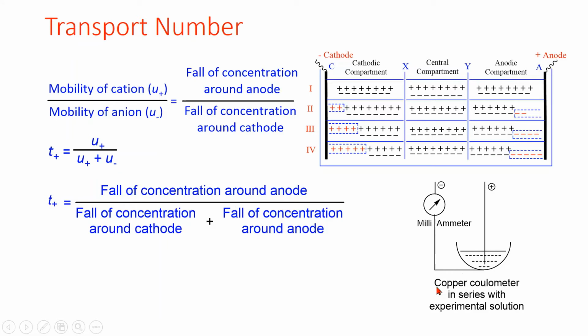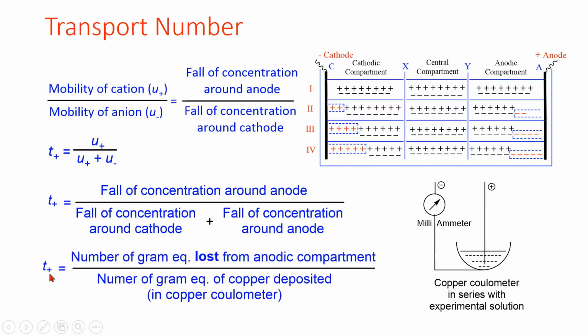If we attach a copper coulometer in series with the electrolytic vessel, then the transport number of the cation can be determined from the number of gram equivalents lost from the anodic compartment divided by the number of gram equivalents of copper deposited in the copper coulometer.